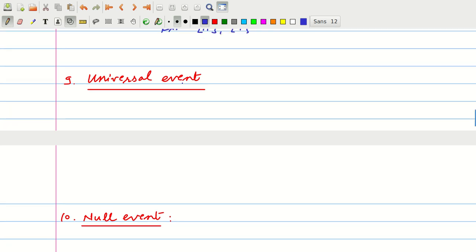A universal event is the entire sample space, the omega, because every set is its own subset. The sample space itself qualifies to be an event. The universal event is also called a certain event or a sure event, because the probability of its occurrence is 1, as we shall see in a later module.